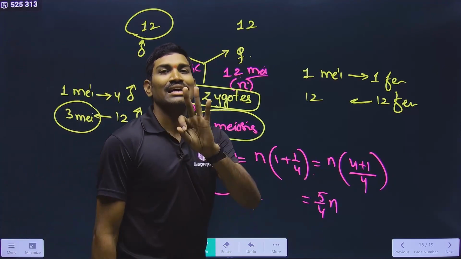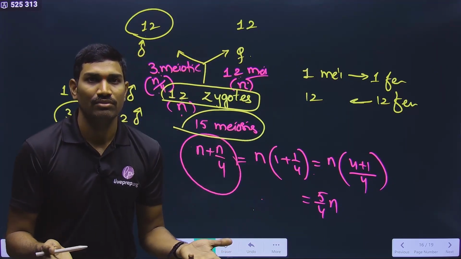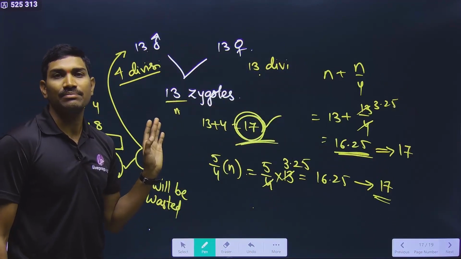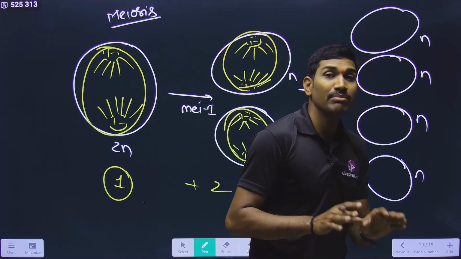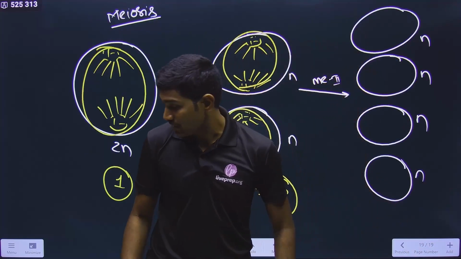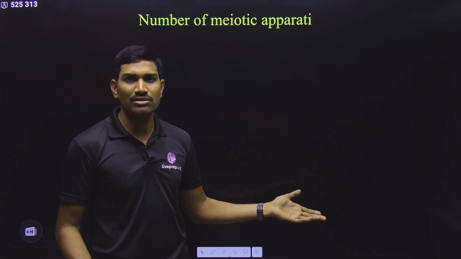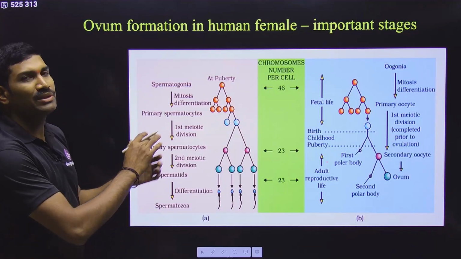In one meiosis, 3 spindle apparatus. So 15 into 3 is 45. Understood or not? So here also you got some number, right? Multiply with 3. In this way, questions and concepts can be interlinked. So you need to understand that concept. That is also part of NCERT. They can ask the questions, right? This is about the number of spindle apparatus.